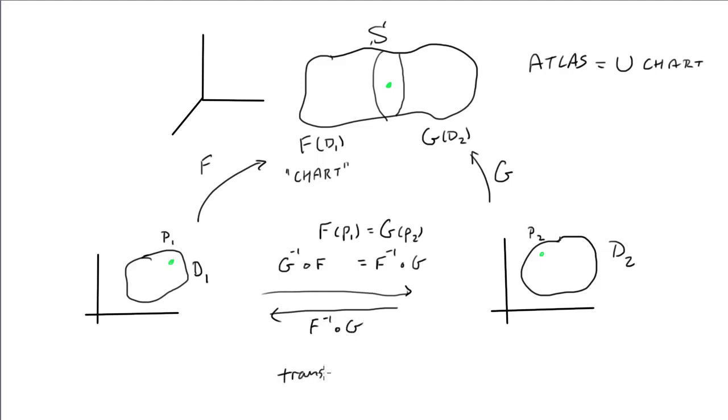This is called the transition function. The surface is divided into 2 types of pieces, the overlap piece and the 2 pieces that are just one chart only. This kind of structure is called a manifold.